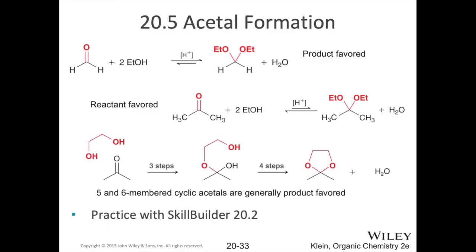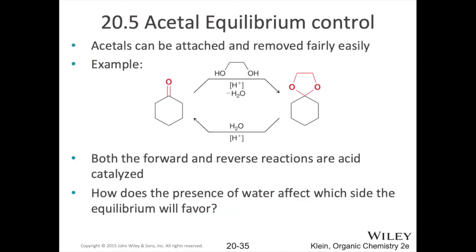It's a similar case here. We can protect a carbonyl and stop it from reacting, and then do our reaction and then remove the cyclic acetal here to go back to forming the carbonyl that we need in our final product.